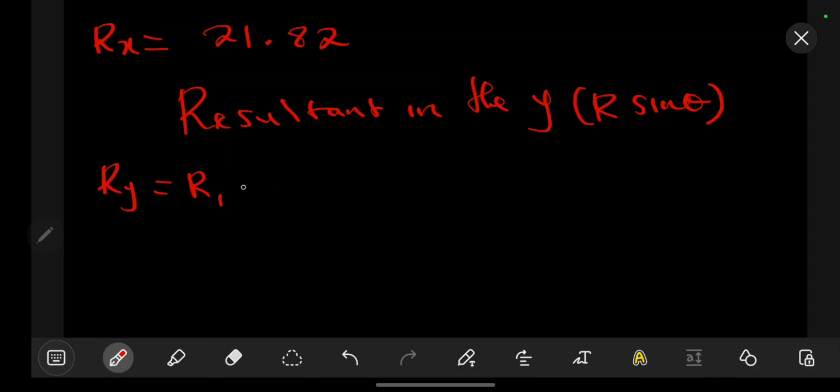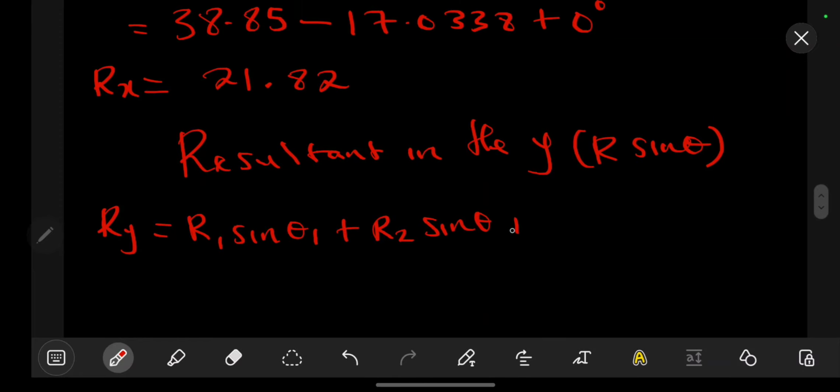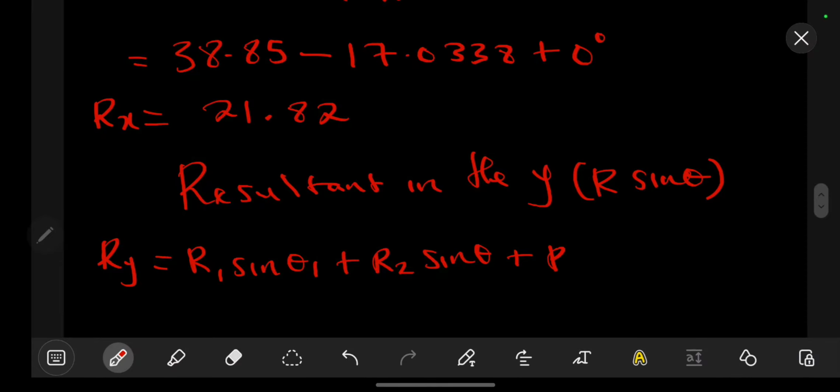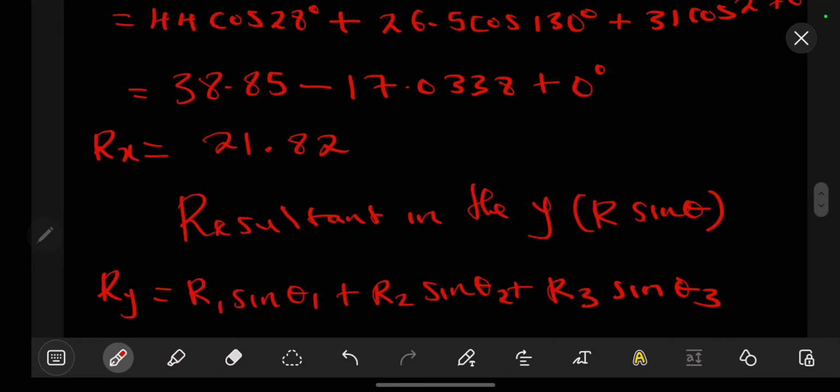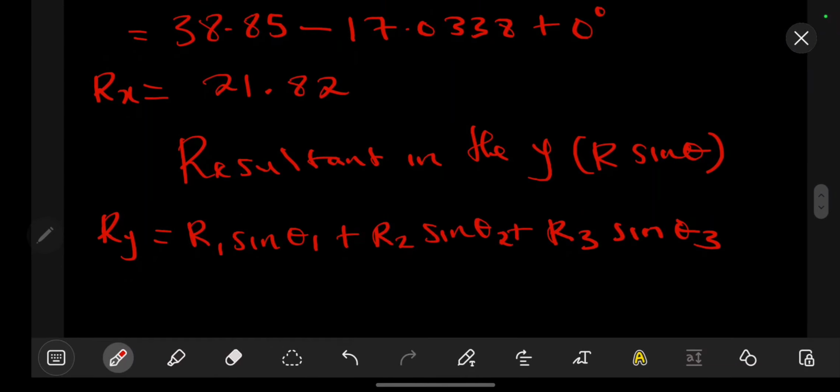So r1 sine of theta 1 plus r2 sine of theta 2 plus our r3 sine of theta 3. Let's just use our x to help us.